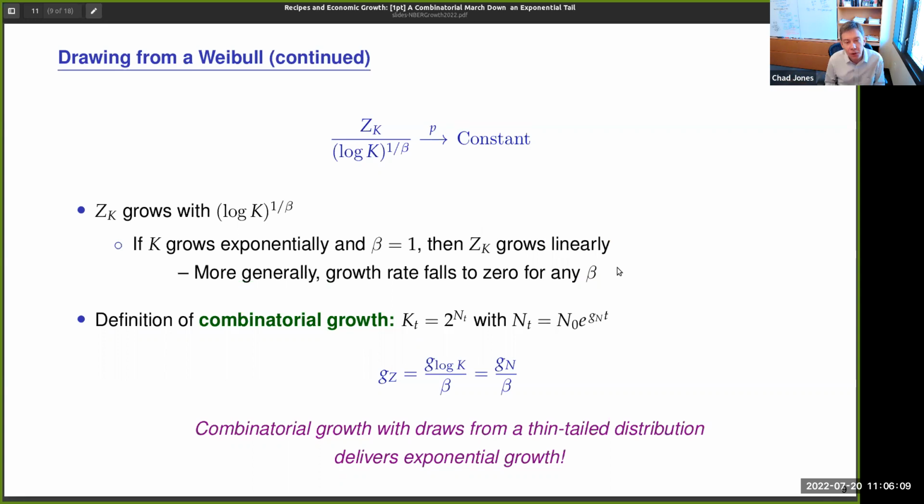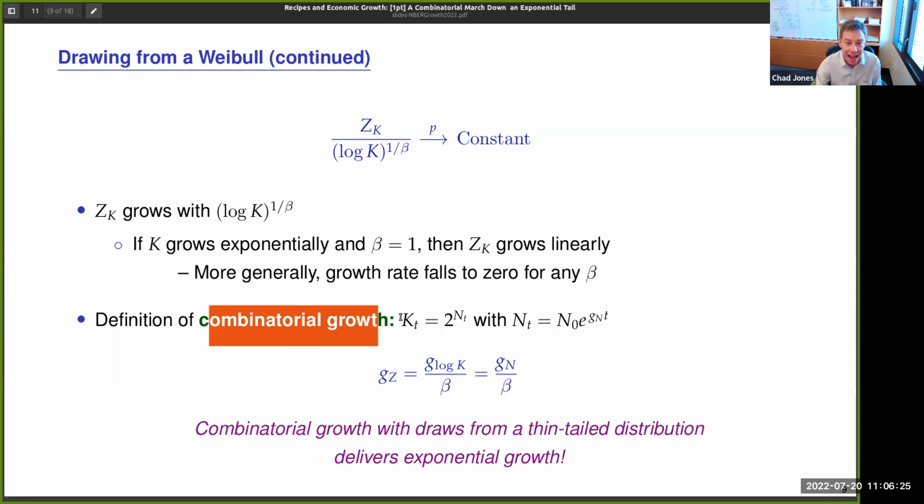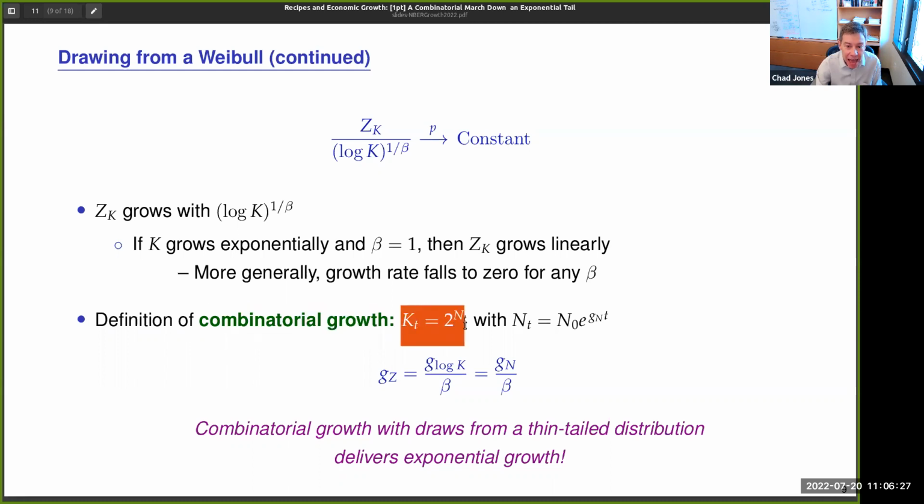But if you look at this equation again, you realize, hey, what if I made the log of the number of draws grow exponentially? Well, if the log of the number of draws grows exponentially, then we're back in business. Then the max is going to grow exponentially again. And it turns out combinatorial growth is exactly that, right? K is 2 to the n. The log of k is just n log 2, and n is growing exponentially, right?